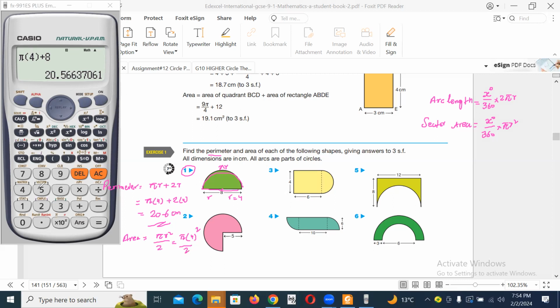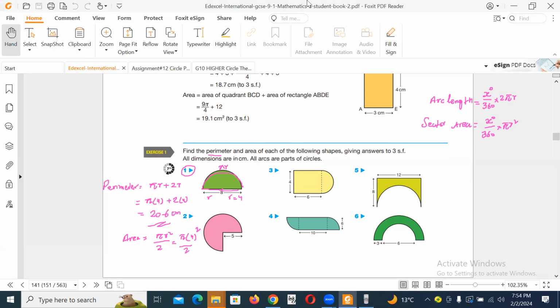Then check in your calculator: pi, bracket open 4 bracket close, squared, divided by 2. That gives us 8 pi, or in decimals, to 3 significant figures, 25.1. So I would say 25.1 centimeters squared. I hope it is clear.